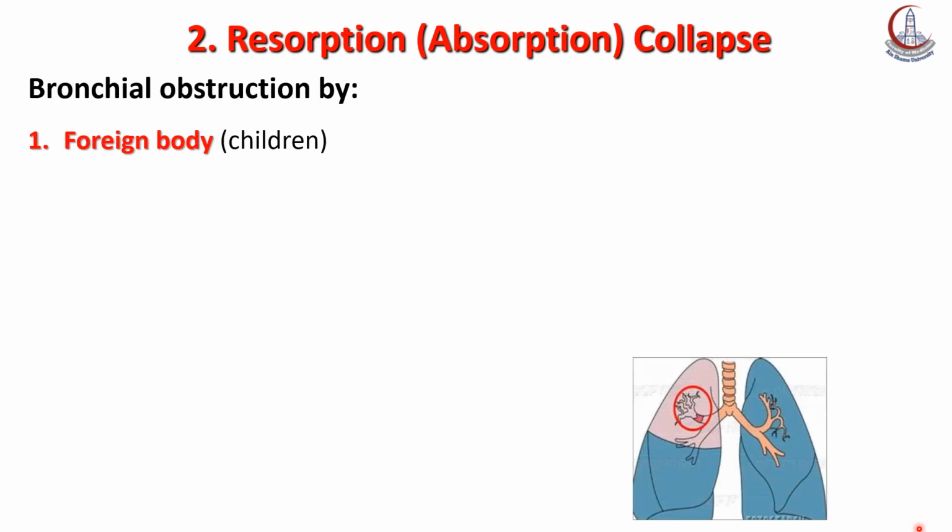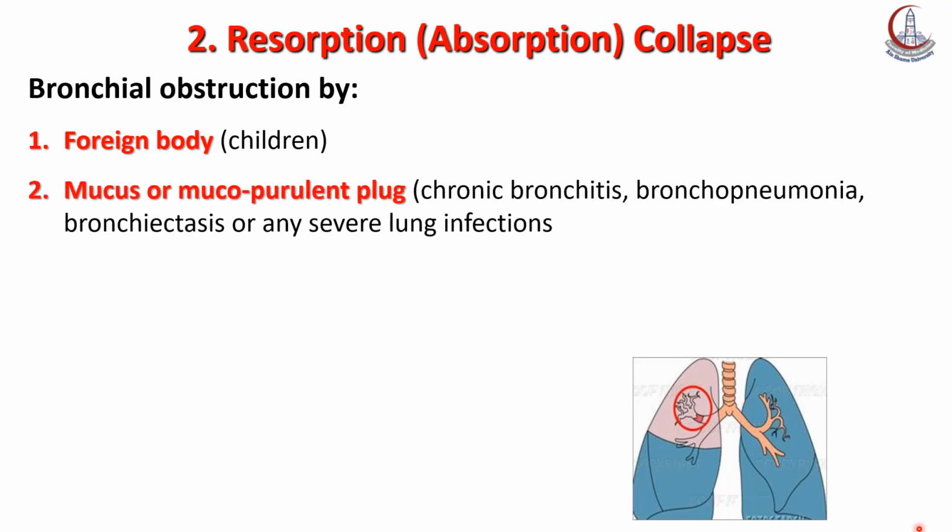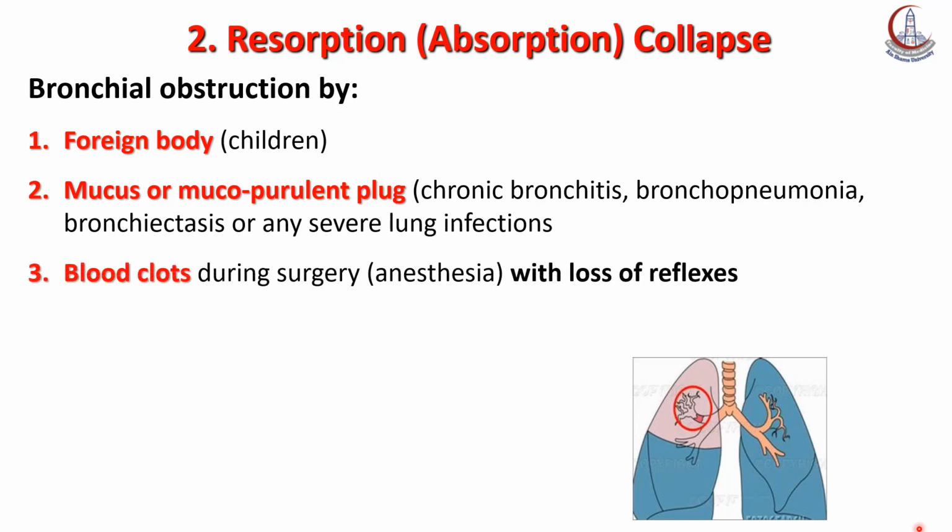The absorption collapse or resorption collapse occurs in cases of bronchial obstruction. Bronchial obstruction can happen due to aspiration of a foreign body in children, due to obstruction by mucus or mucopurulent plaque in cases of chronic bronchitis, bronchopneumonia, bronchiectasis, or any severe lung infection.